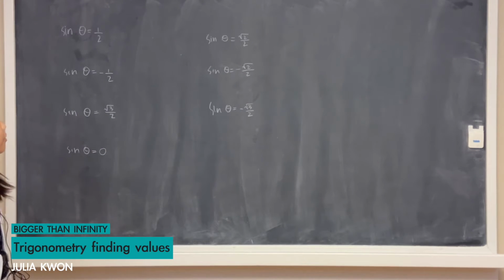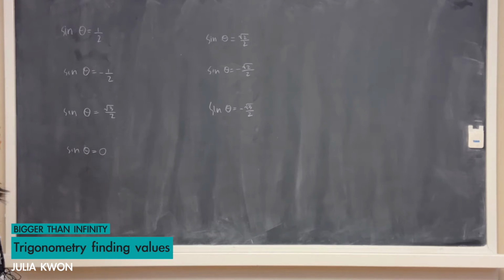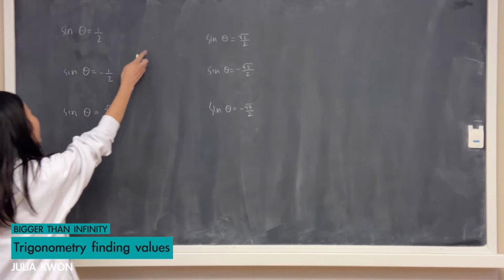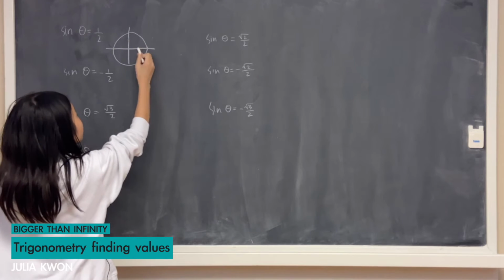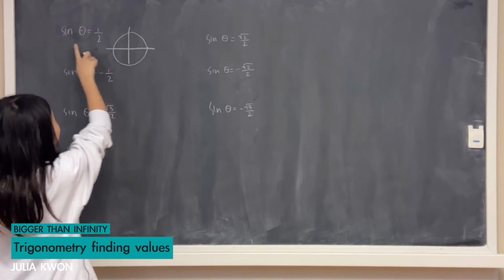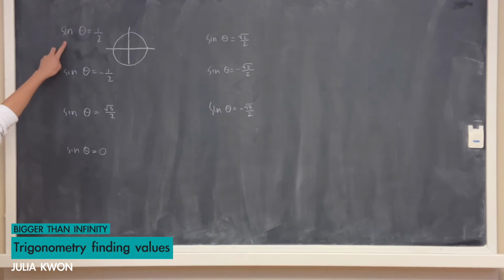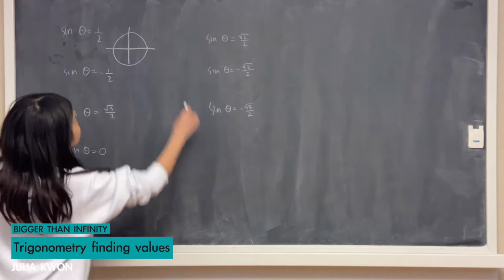So here I wrote a few examples for sine theta, and for the first one, sine theta equals 1/2. I should mention that since we're working with sine theta, we're going to be using the y-axis.